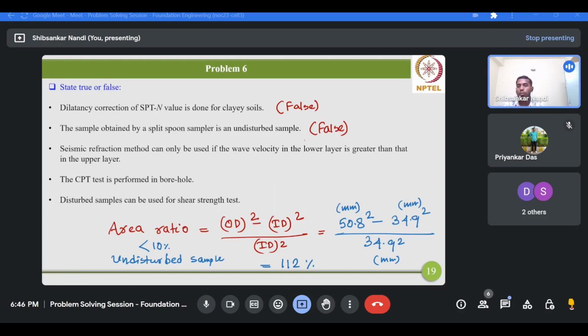Now coming to the third statement: seismic refraction method can only be used if the wave velocity in the lower layer is greater than that in the upper layer. We have just discussed this, and you should answer this question.